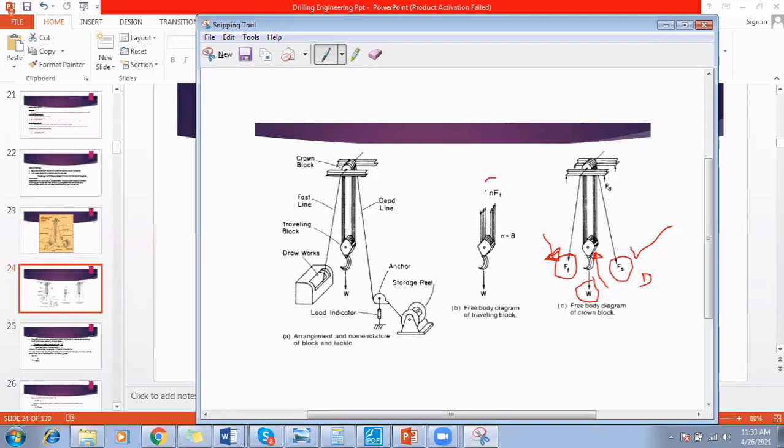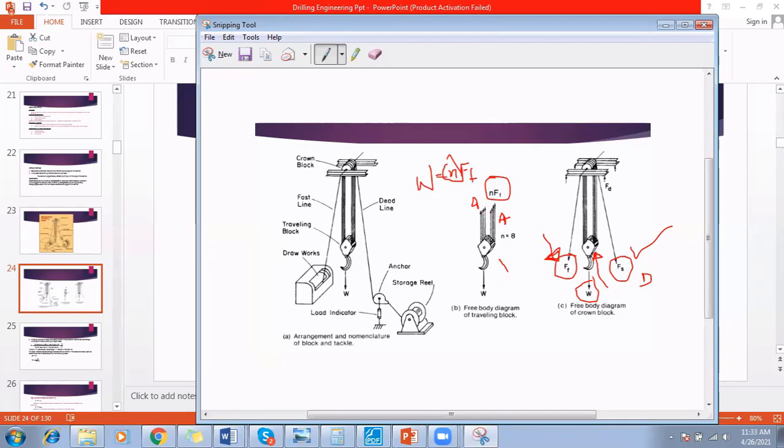And here you can see that it is mentioned NFF. So usually a relation is given that W is equal to N FF. Now what is N? N is actually the number of lines that are holding this traveling block. So here you can see that there will be 4 lines here and 4 lines here.